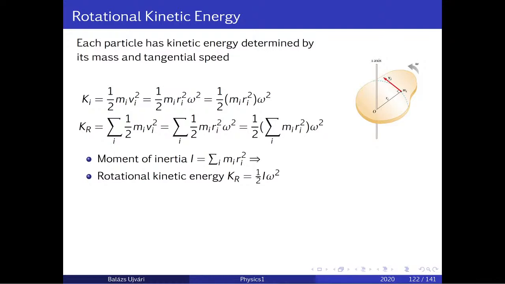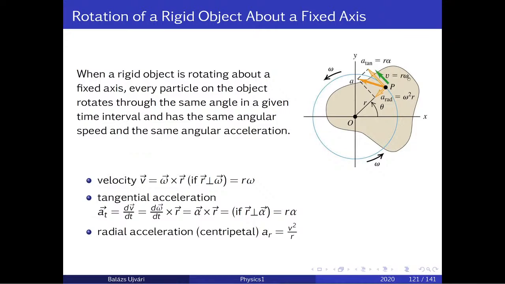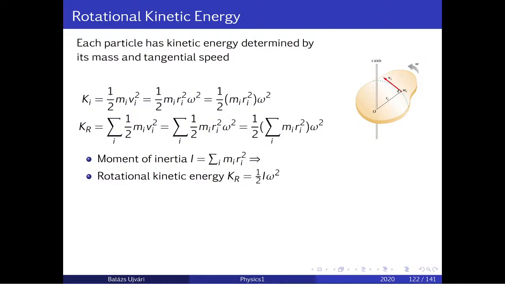It has a velocity, which is nothing else than the radius, the distance from the rotation axis, times omega. Let's suppose the omega is a constant right now.